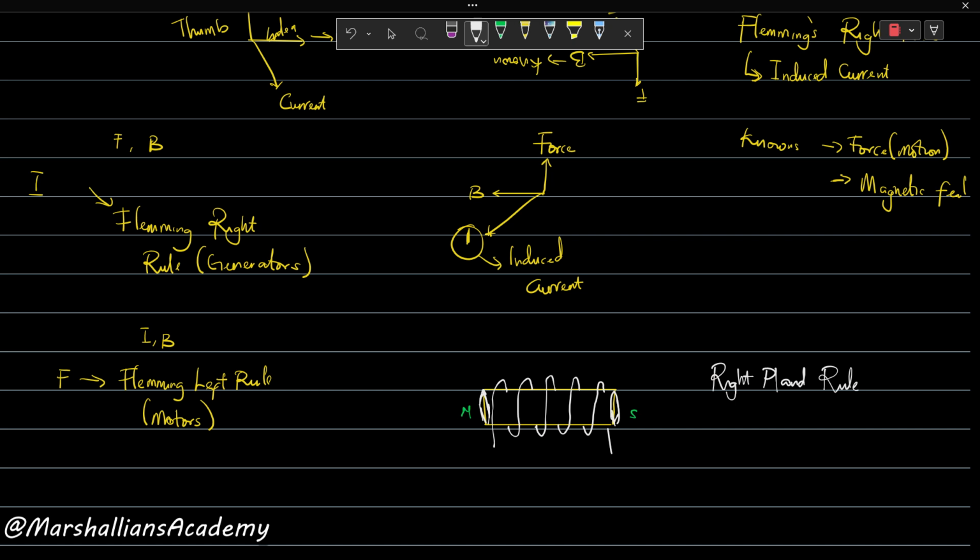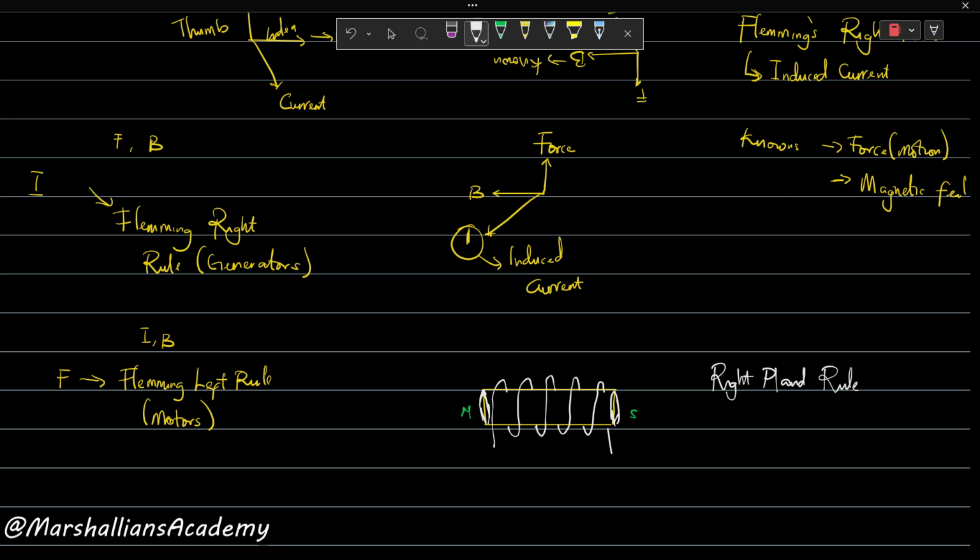If you look at your right hand rule, pick a pen, wrap your right hand around it, and make sure your thumb is facing the north.